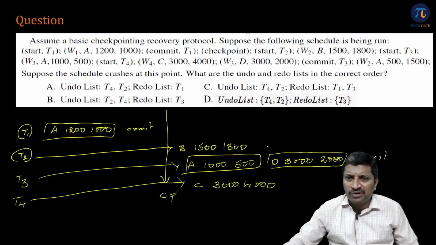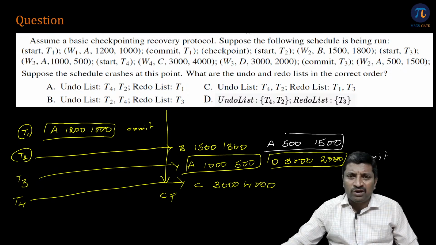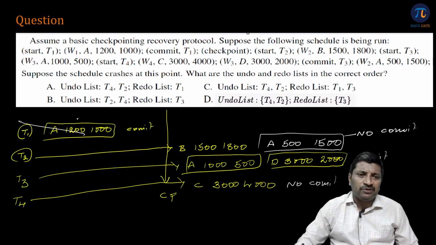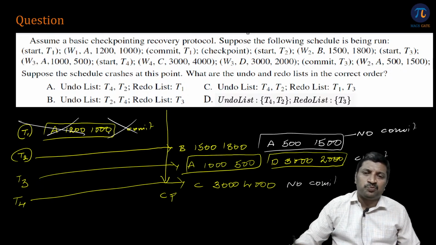T2 has one more operation, A 500 to 1500, but no commit, that's it. So this is no commit, sir. This is also no commit. The first one we forget because it was committed before the checkpoint.